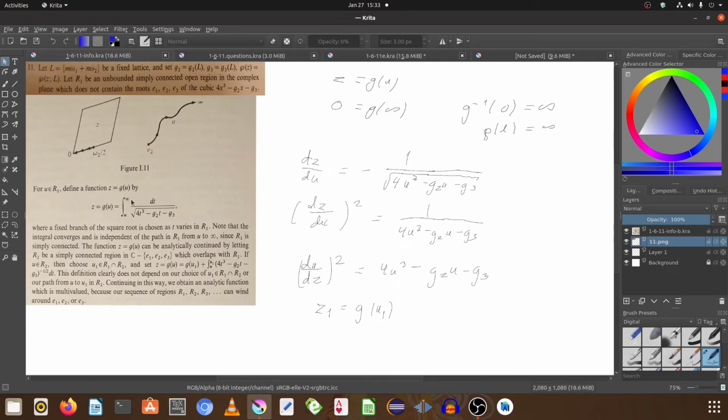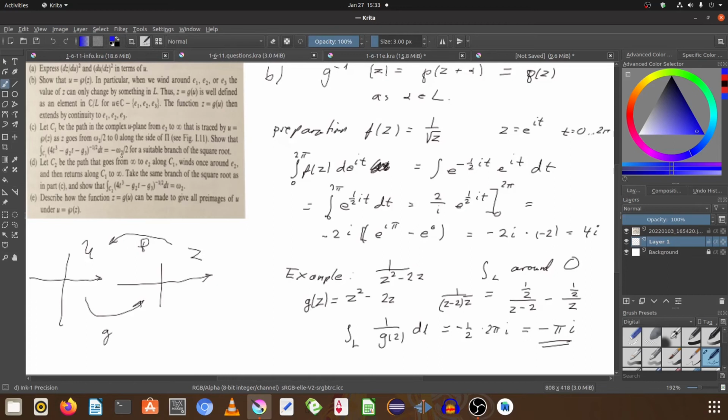So we need to show that there exists a branch of the square root so that they agree.